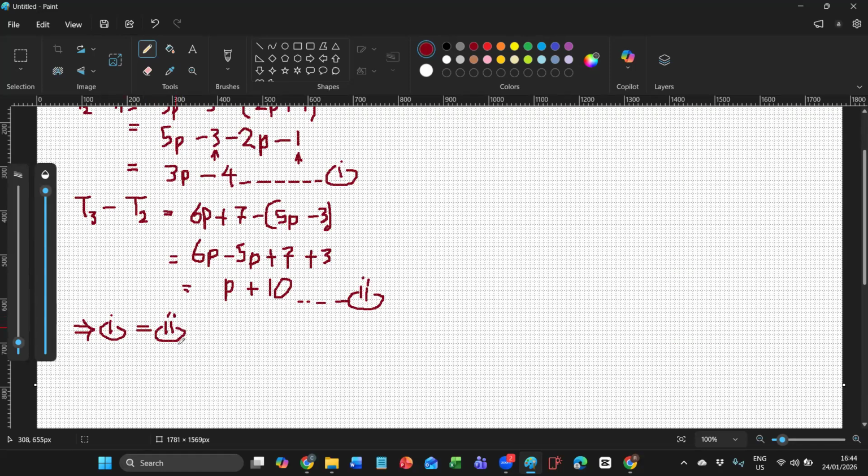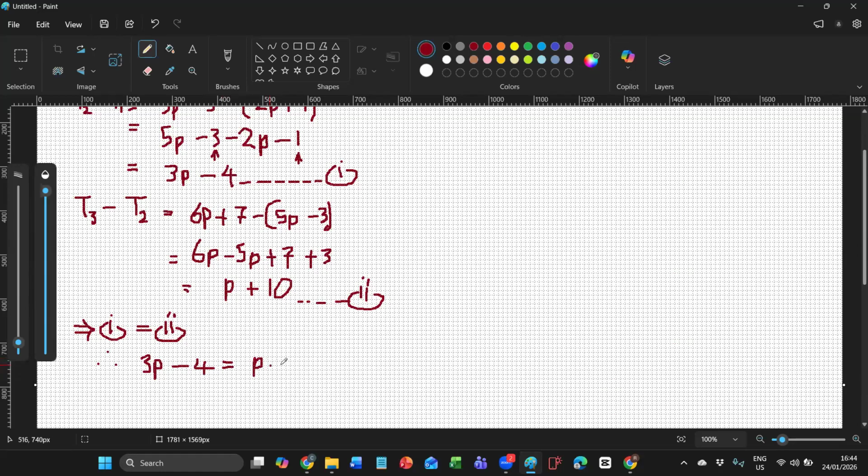So equation 1 is 3P minus 4, and it will be equal to P plus 10, right?